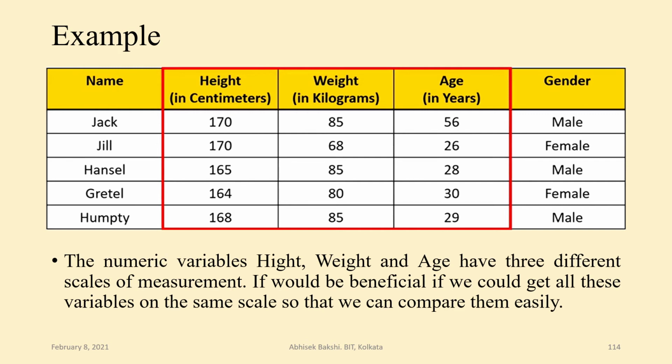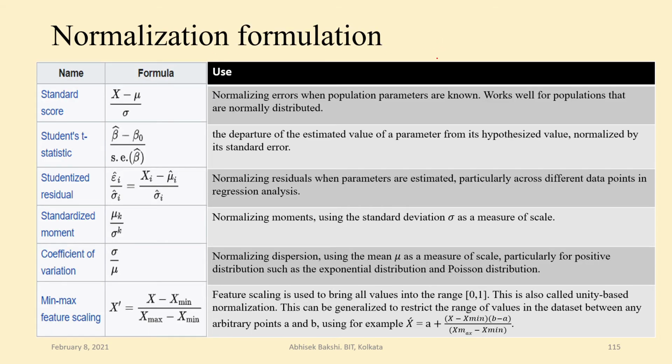So somehow we have to keep these columns in a common scale, all these columns. And that's why we can use one of these normalization formulas. You can find these normalization formulas on the internet easily. Generally, we use either this particular one or this one.